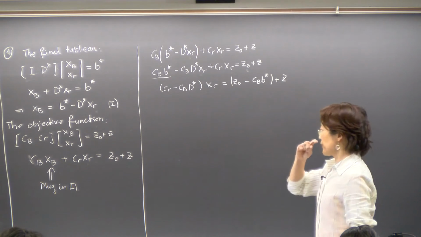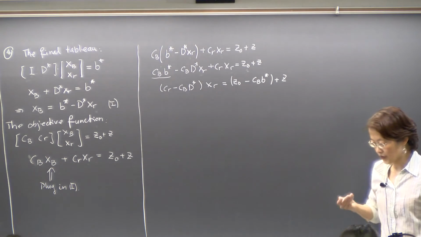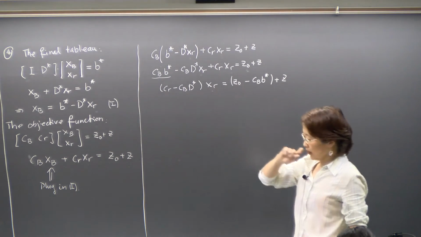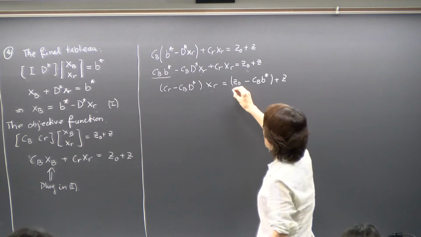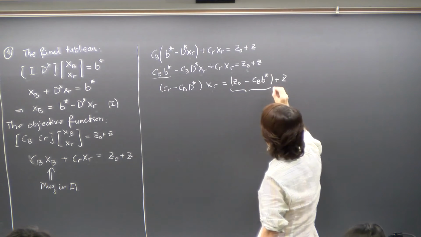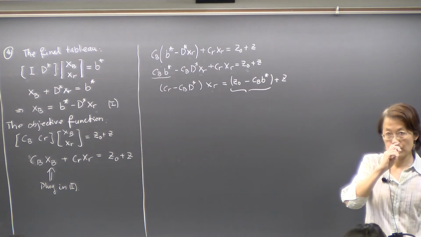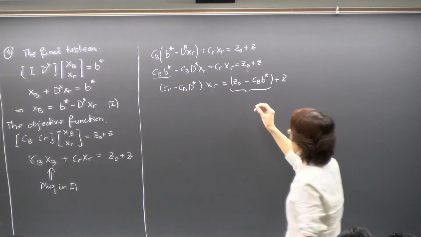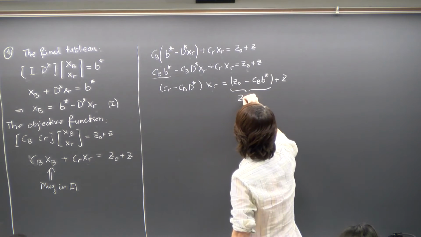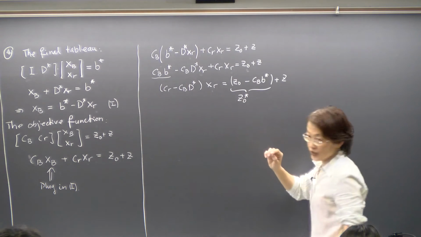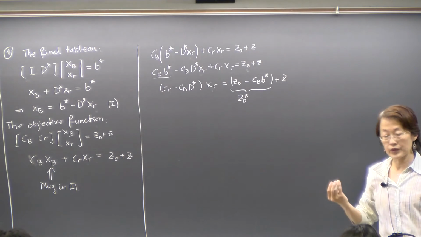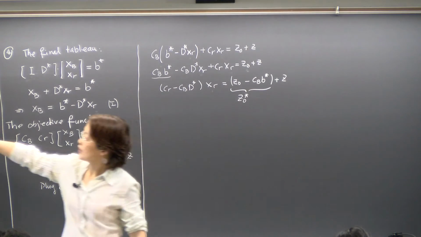Okay, so I express the objective function now in terms of the non-basic variables, and then I found out this constant term on the right takes this form. Isn't this exactly the z after the pivot, right? That's what we will have over here.